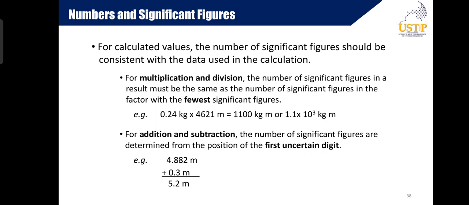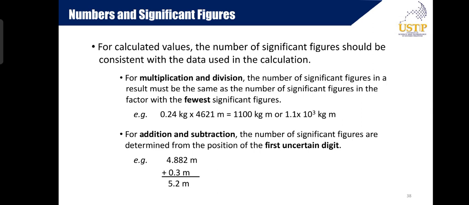So if, for example, 0.24, how many significant figures are there in 0.24 kilograms? There are two significant figures, multiplied by 4,621 meters. How many significant figures are there in 4,621 meters? There are four significant figures in the equation.